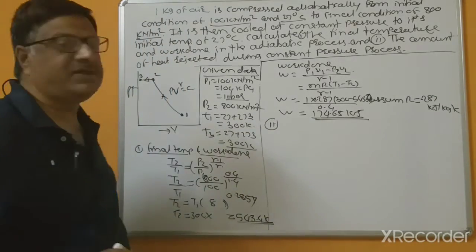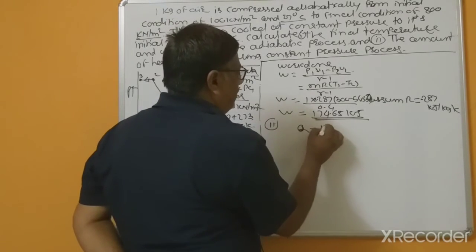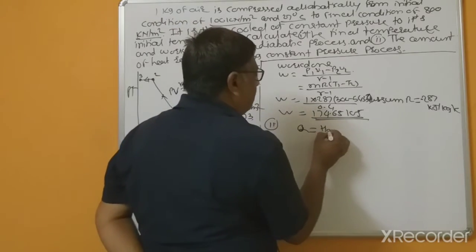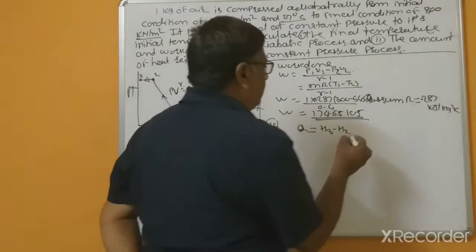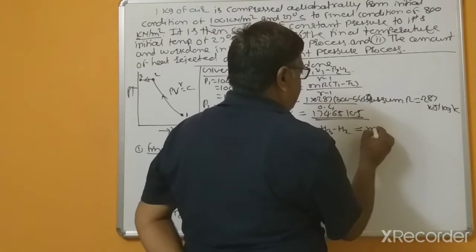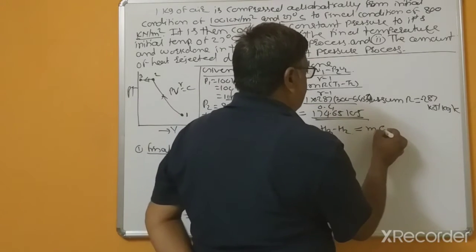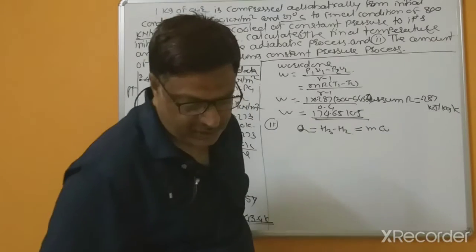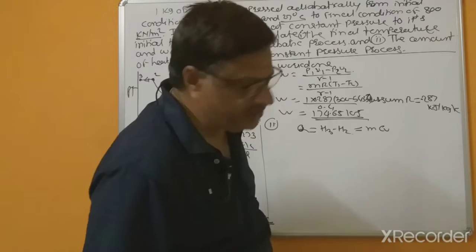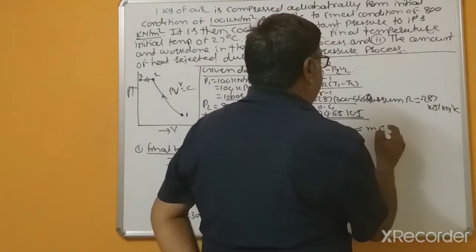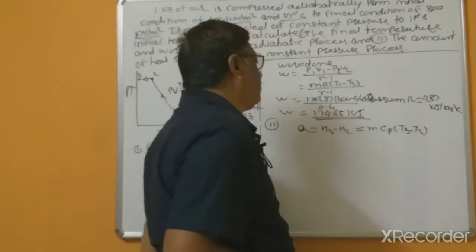the amount of heat rejected. So the amount of heat rejected means Q equals H3 minus H2. We can use the relation m times heat rejected, m Cv. I will check this. Heat rejected or heat transfer means m Cp, because enthalpy means Cp, times (T3 minus T2).